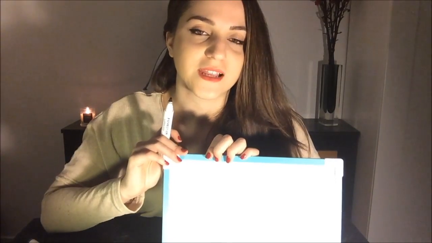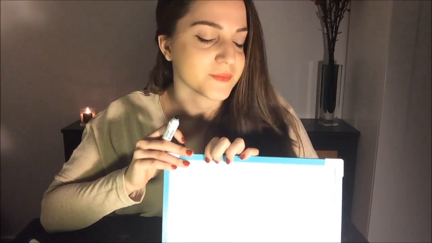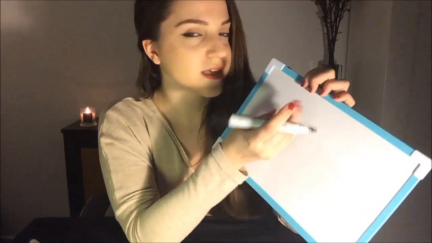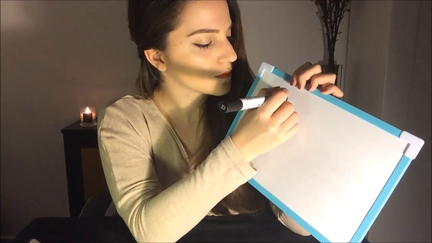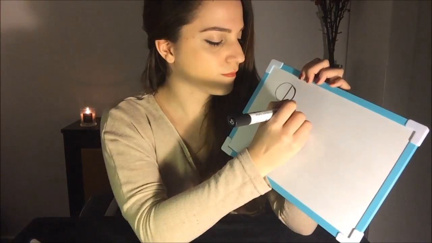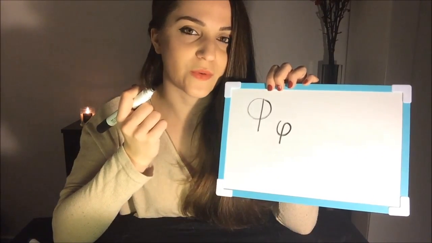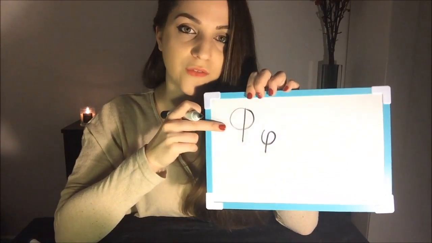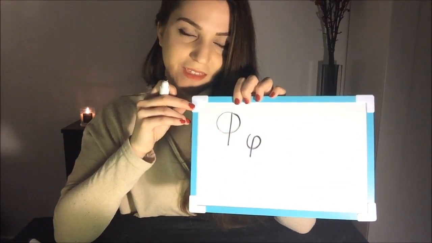Now, letter F. It's not a very commonly used letter, but still, I'll show you. Kefaleo F. And micro F. Or the other one that I did before. Kefaleo F. Micro F. Good.